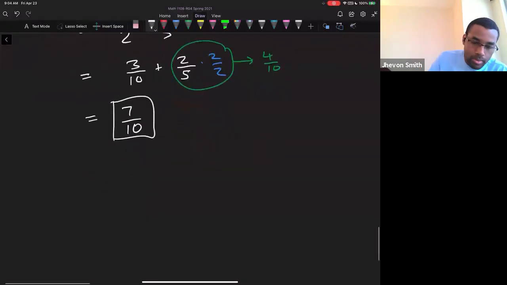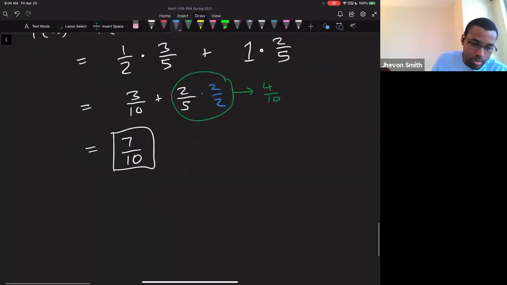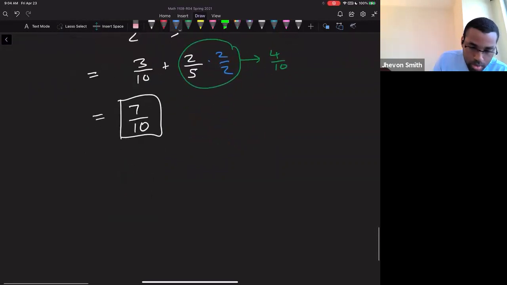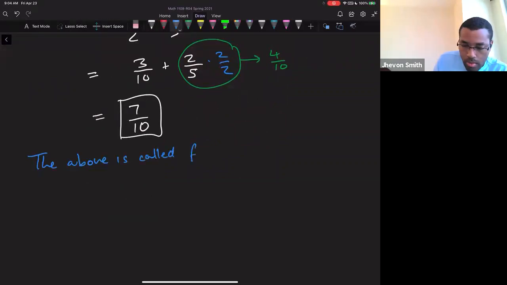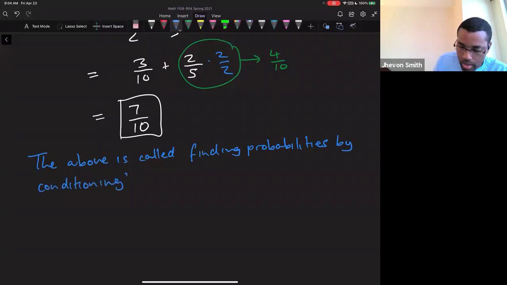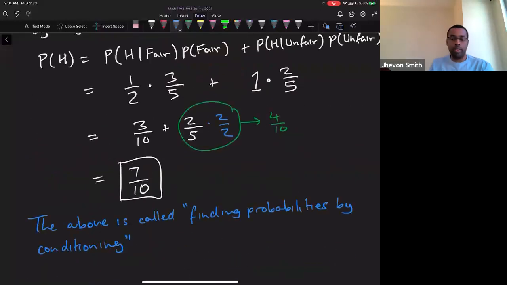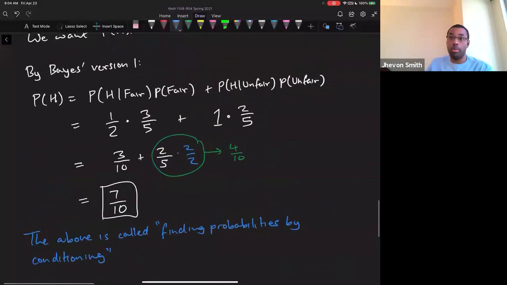And the above is called finding probabilities by conditioning. So we condition on whether you chose the fair or the unfair coin. We use conditional probabilities to figure out this major probability.